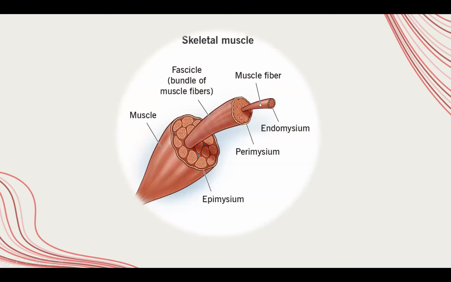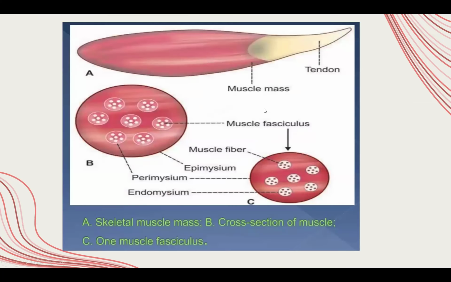The muscle fibers connect with each other to form a fascicle, a bundle of muscle fibers. The fascicle is covered by perimysium, the fascicles together form the muscle, and the whole muscle is covered with epimysium. Here it is illustrated: tendon, muscle mass, muscle fasciculus, and muscle fiber in the central part. These are the covering layers.